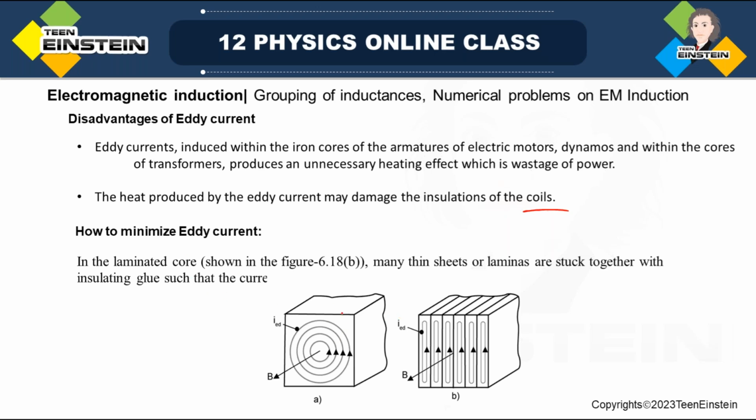Instead of using the whole bulk material, we can use a laminated one. I can cut it into identical thin plates, and then we can stick them together with insulating glue, such that they look like this.